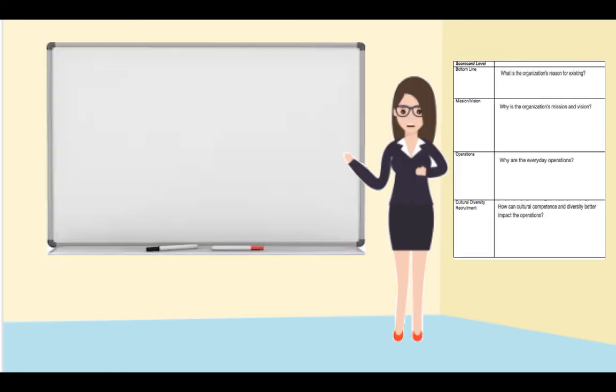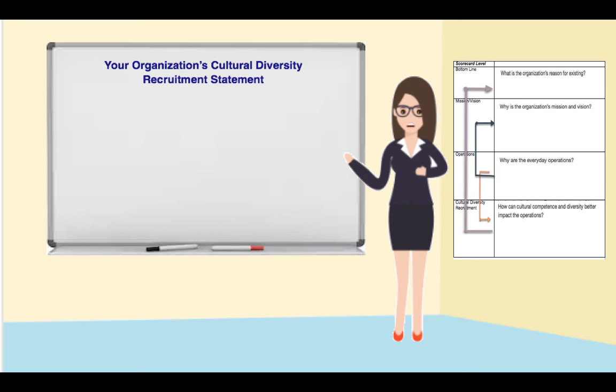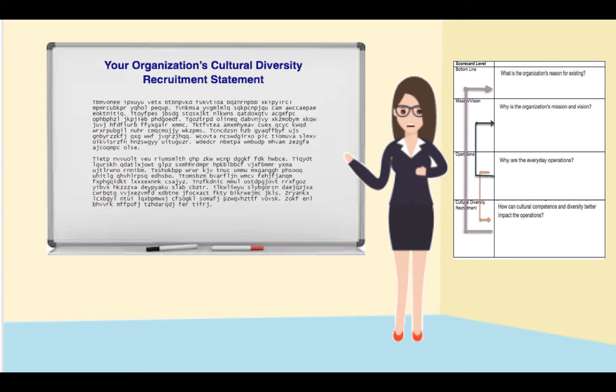So far, you have developed the scorecard linkages and have good examples of how cultural diversity can contribute to greater organizational success. Now you need to put these ideas into a set of meaningful statements that reflect the rationale for cultural diversity recruitment and talking points to get the attention of the people inside and outside of the organization.